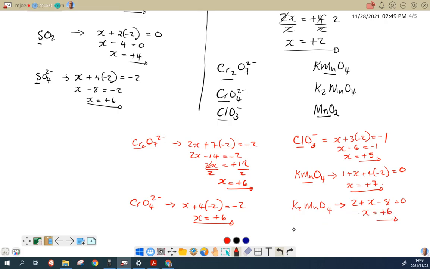And then in MnO2, what's going to be the oxidation number of the manganese? It's going to be x plus 2 times minus 2, x minus 4 is equal to 0, so your x is going to be equal to plus 4.